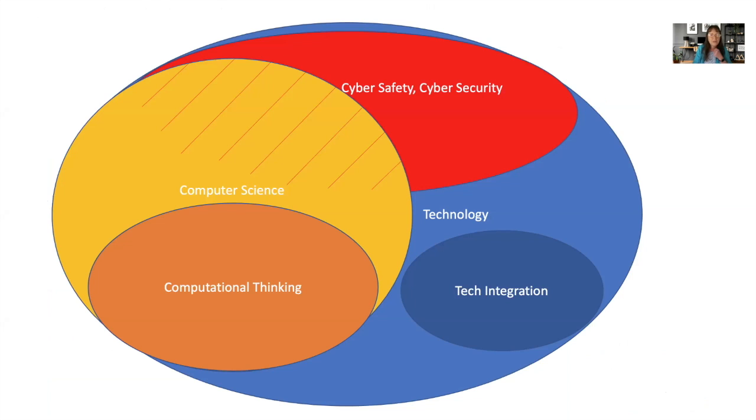So computational thinking is the part of computer science that has to do with figuring out problem solving, how to use a computer to effectively come up with solutions to problems, and directing the computer to do that. Cybersecurity and cyber safety are an area that overlap significantly with computer science. They're also part of the technology picture. And tech integration is more off to the side. It has to do with using the technology that other people have created effectively.